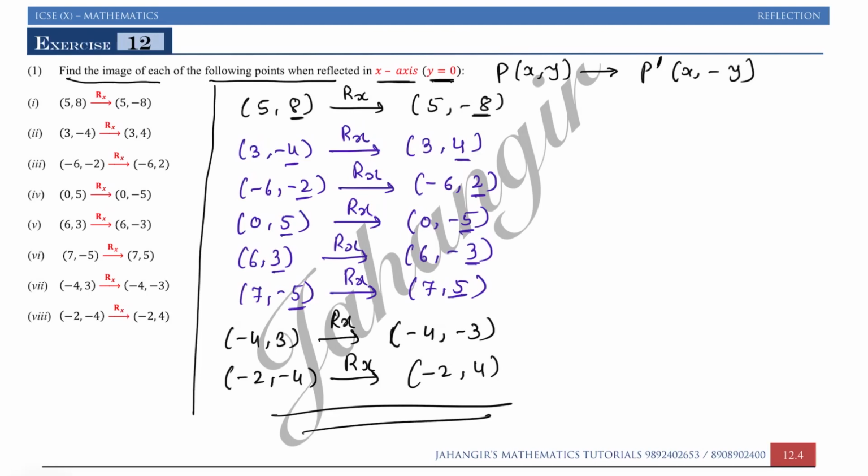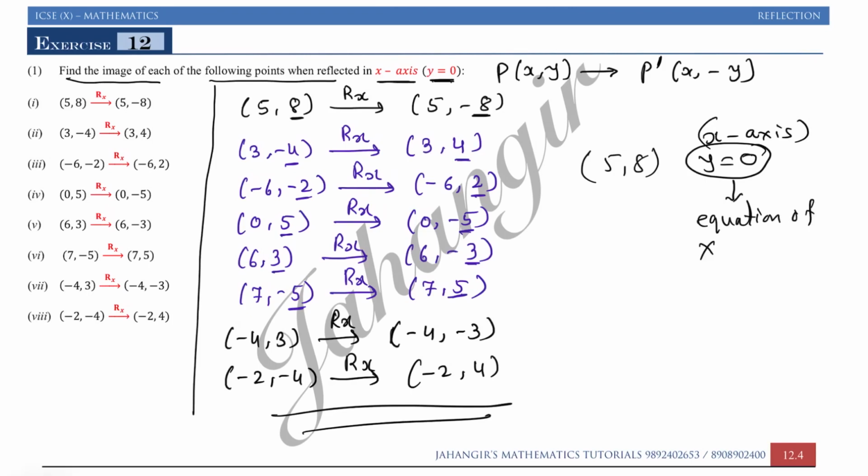When they say find the image of the point 5, 8 under the reflection of y is equal to 0, y is equal to 0 means clearly it is x-axis. This is the equation of x-axis. You have to remember, equation of x-axis is y is equal to 0. I think so this first question is totally clear with you.